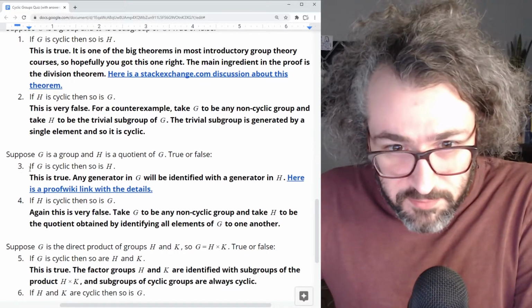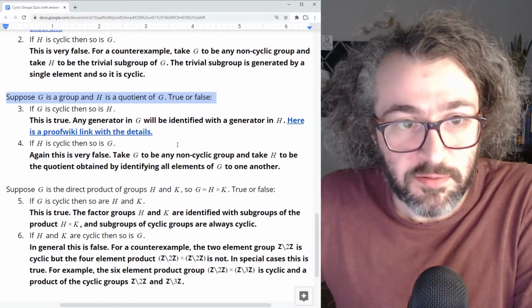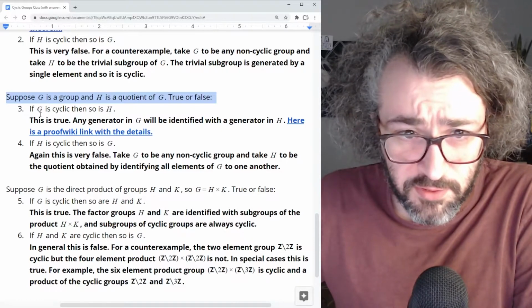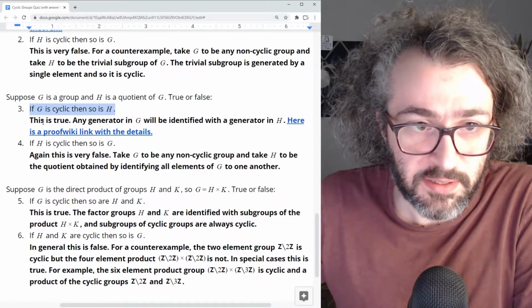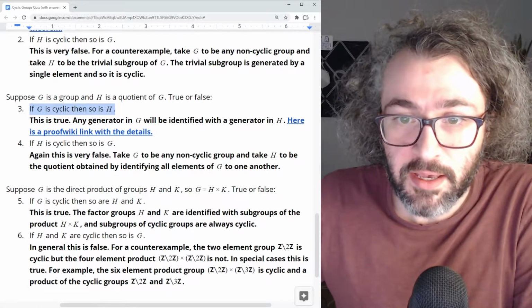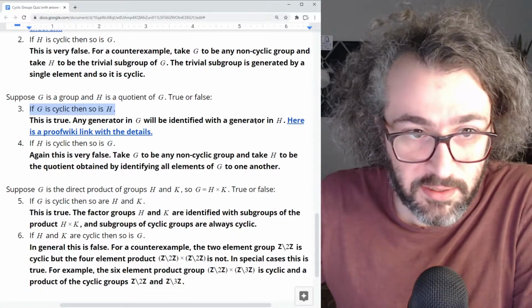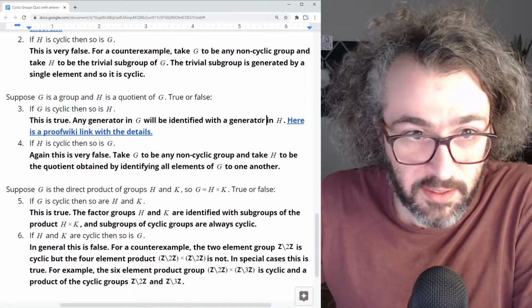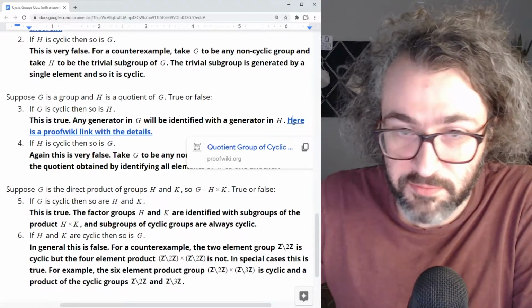All right, for 3 and 4, suppose G is a group and H is a quotient of G. True or false? If G is cyclic, then so is H. This is true. Any generator in G will be identified with a generator in the quotient H. And if that doesn't make sense to you, there's a link to the proof here.